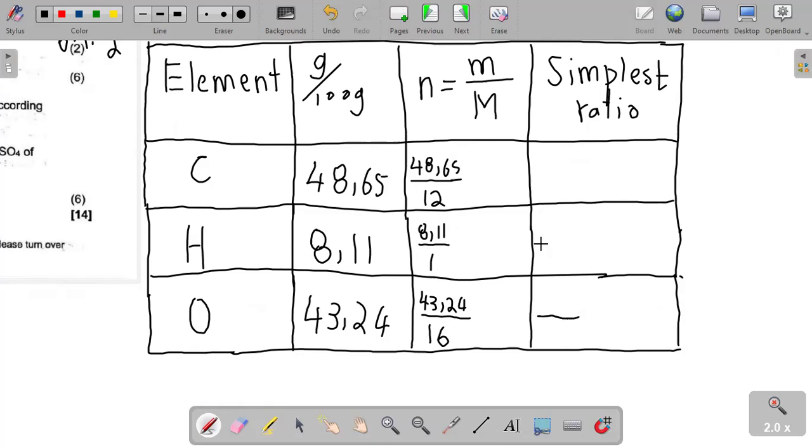So here we're going to get 8.11, and for the others you use a calculator. I get 4.05.